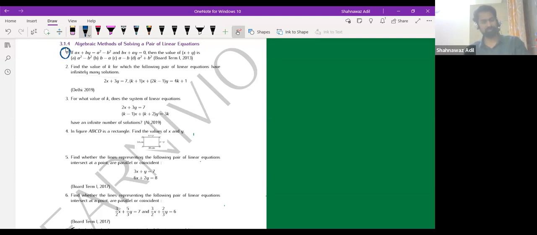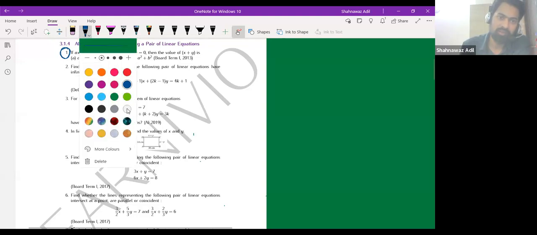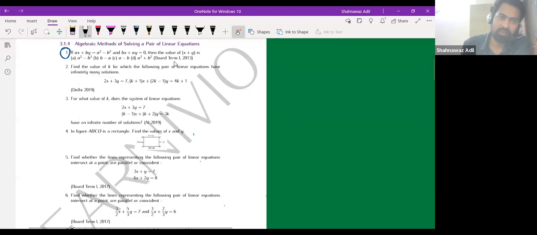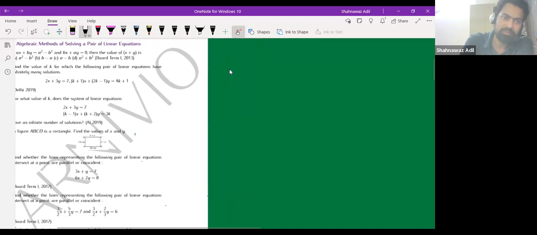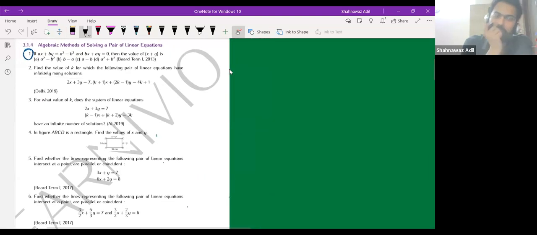Good. That's good. Now we know all the methods, right? Substitution or the elimination method. We also know all those kinds of solutions: unique, many, and no solutions; consistent, inconsistent, parallel, intersecting, or coincident.